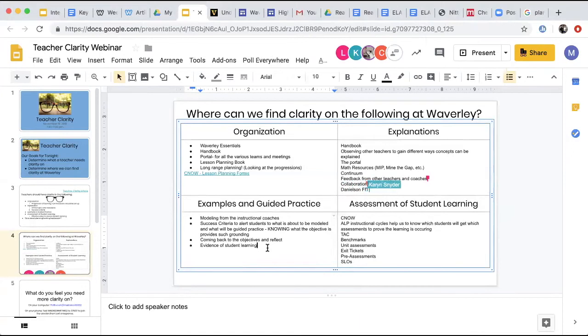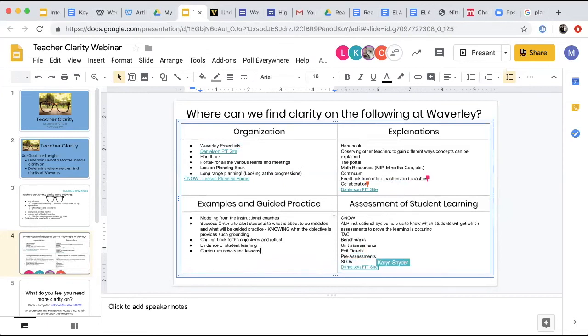Ooh, Danielson framework, yeah. Oh, yeah, definitely can. Really, I feel like that could be in any of them. Kind of practice, learning about it.